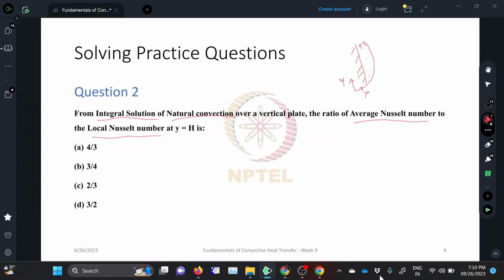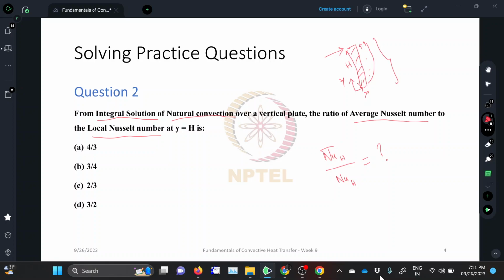Now the question is, what is the ratio of the average Nusselt number at h and the local Nusselt number at h? So this could be the height h. The ratio of the average Nusselt number throughout the entire zone and the local Nusselt number exactly at h. What is the ratio between them?